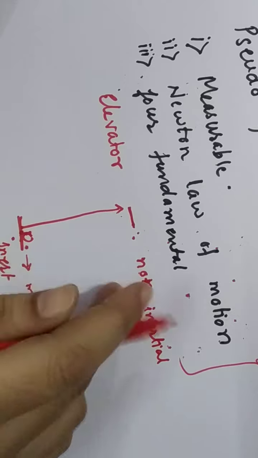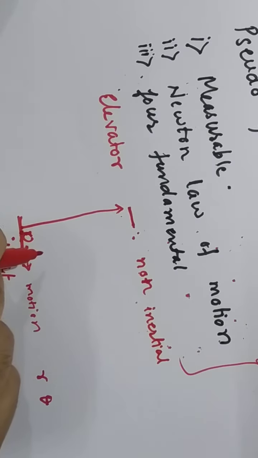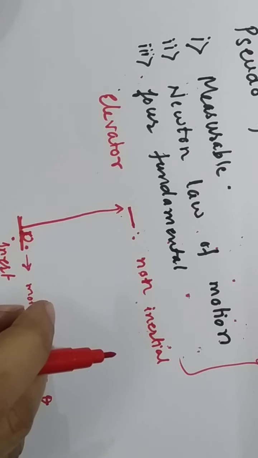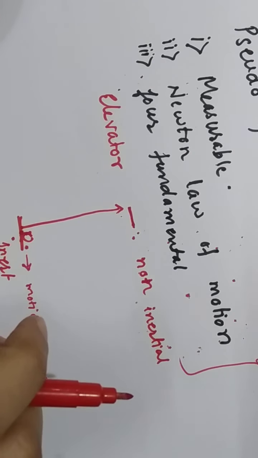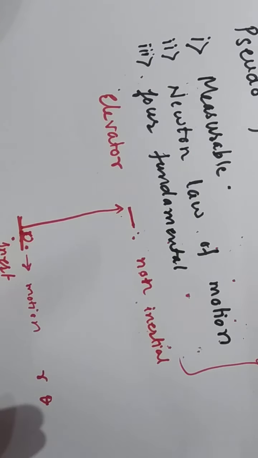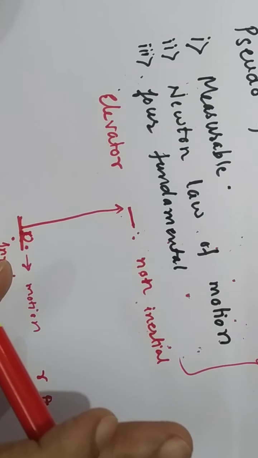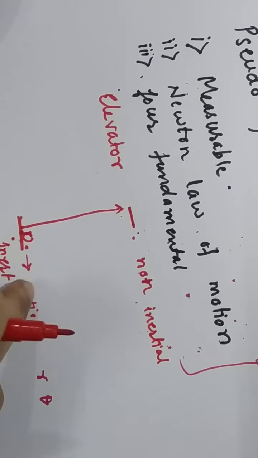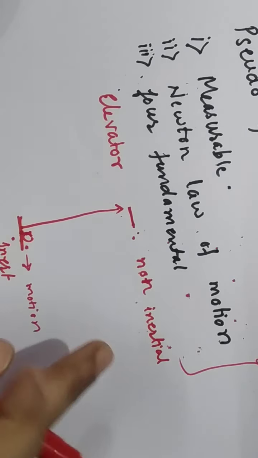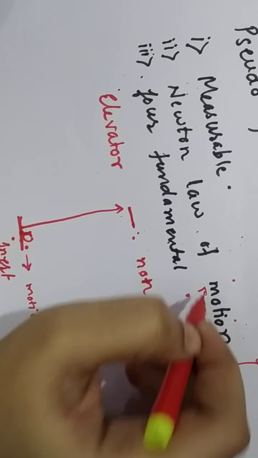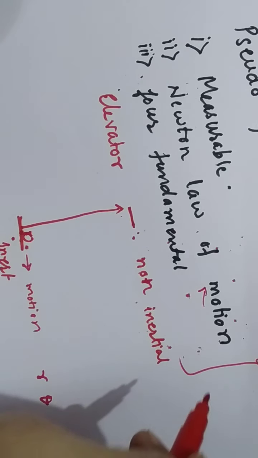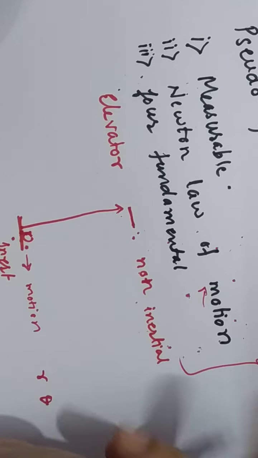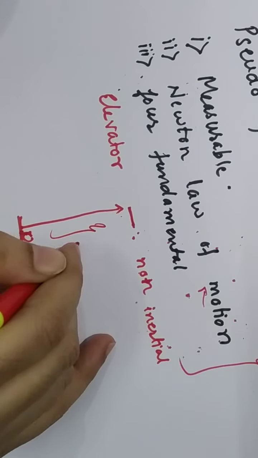So when the frame of reference at this position becomes non-inertial, we will feel another type of force which is very difficult to measure, but it has a real existence. The explanation of these two forces cannot be given by Newton's laws of motion, because Newton's laws of motion are only obeyed in the inertial frame.